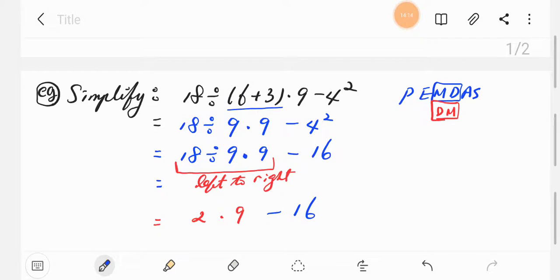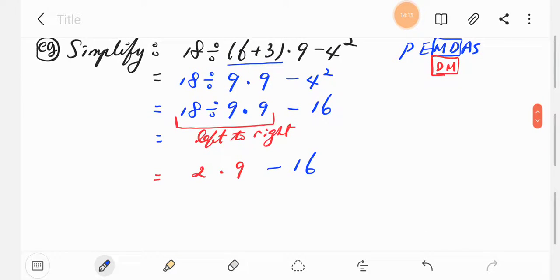Left to right. And then multiplication and this subtraction. So multiplication first. So that is 18 minus 16. And then finally, the answer will be 2.